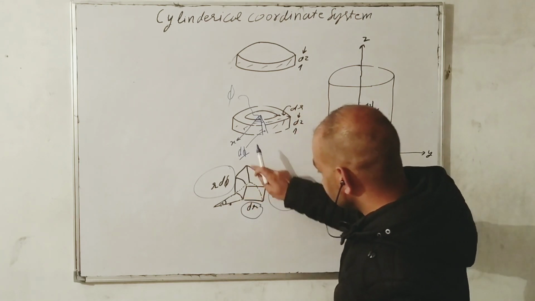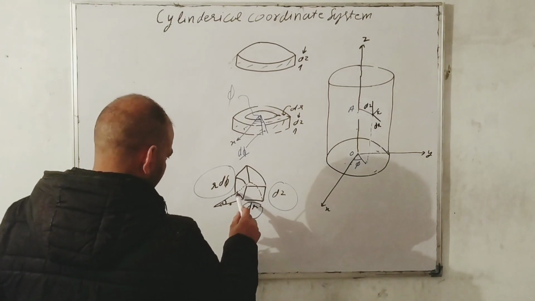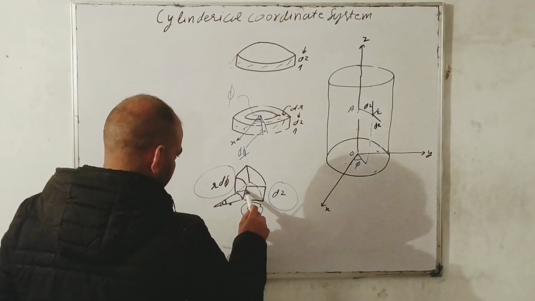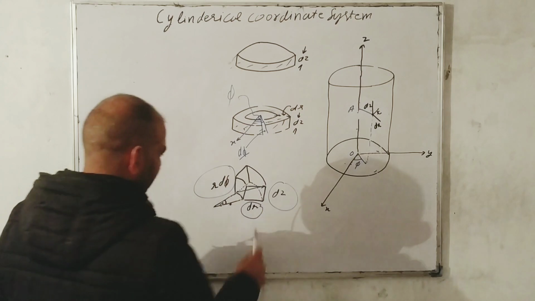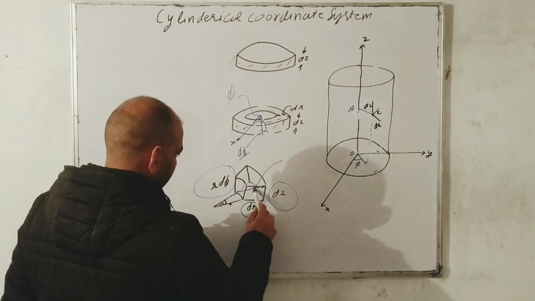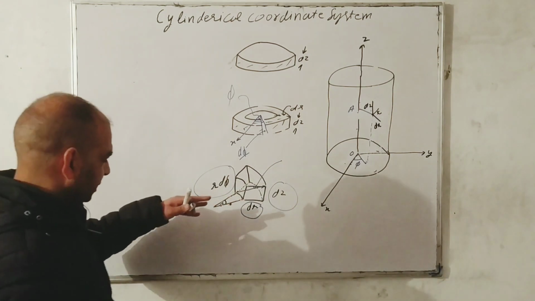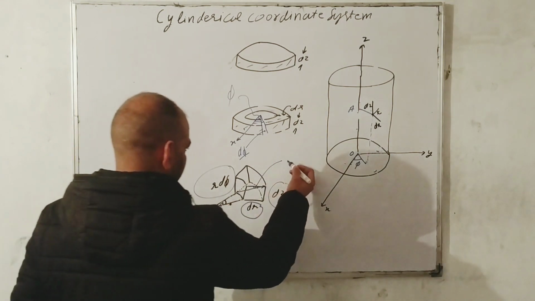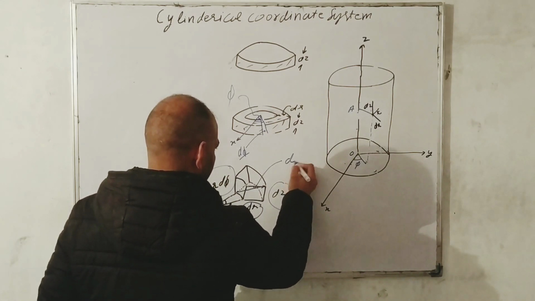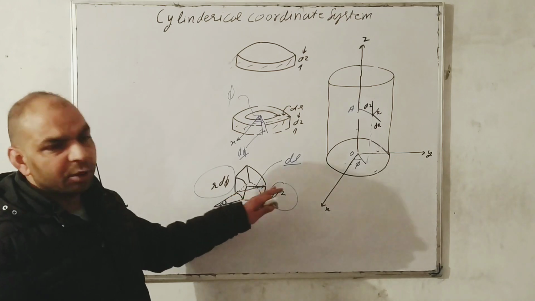We can consider it in this direction or in this direction also. I am considering the line element as the body diagonal of this small cube. This is not actually a cube, but it looks like one. So this is dl. See carefully, this is along the body diagonal.